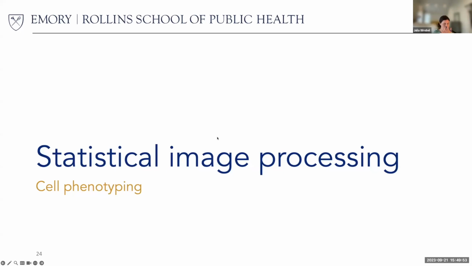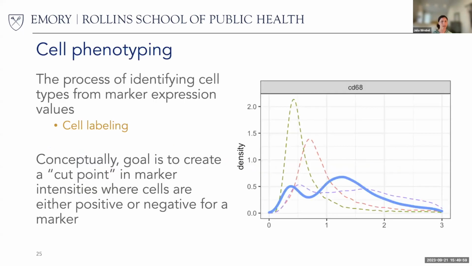Okay, so the last step in image processing is the cell phenotyping step. So that's your cell type labeling. This is the process of identifying cell types from marker expression values. Essentially you have marker intensities, say each of these represents the distribution of marker intensities for cells in a given image.